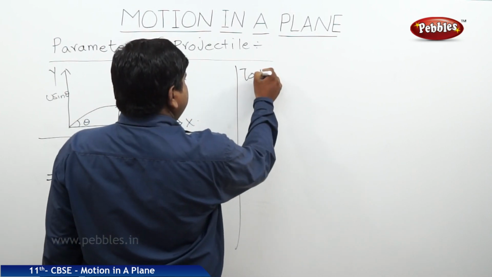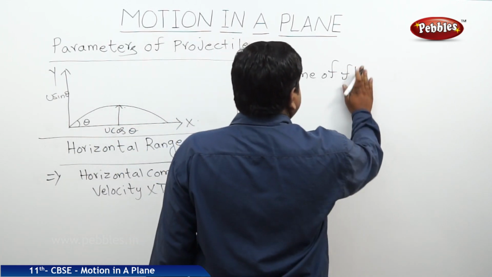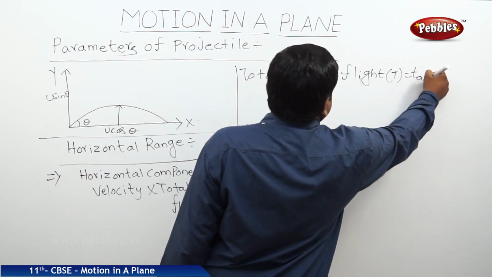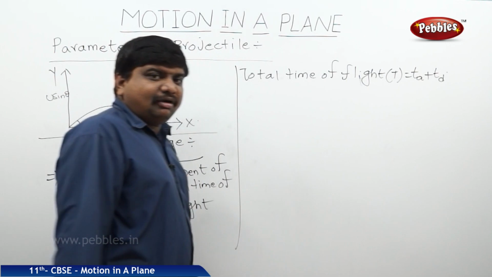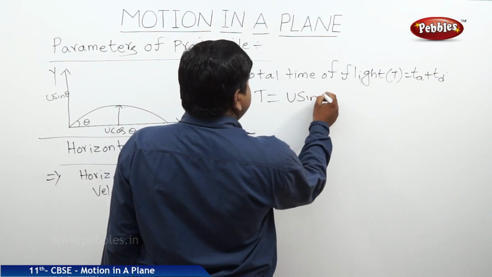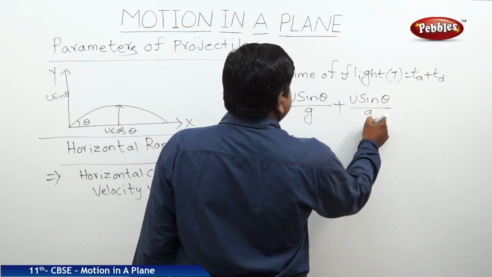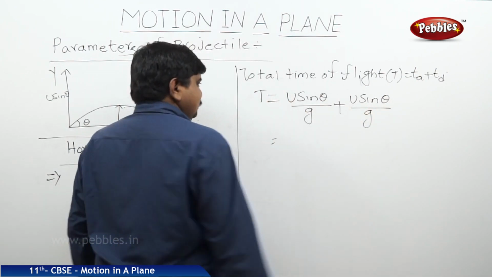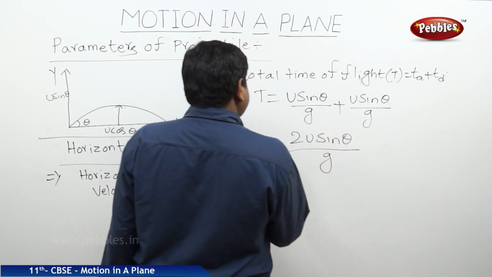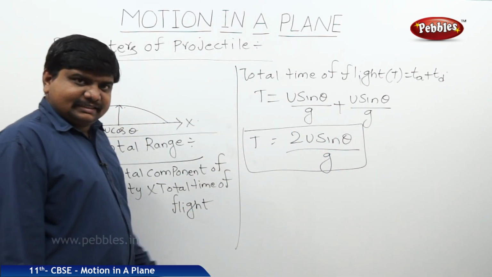Therefore, total time of flight capital T is equal to Ta plus Td, nothing but time of ascending plus time of descending. Therefore, T is equal to time of ascending u sine theta by g, time of descending u sine theta by g, where g is common, so we can write 2u sine theta by g is equal to T. This T is total time of flight.